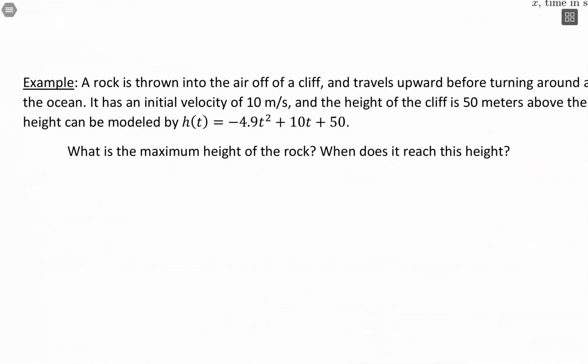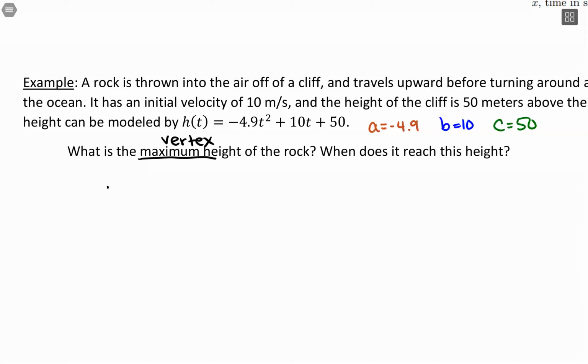Alright, with the throwing the rock off the cliff, so what is the maximum height of the rock and when does it reach this height? So if they're asking about the maximum, I need to find the vertex, since I don't already have the vertex given to me. So we have a is negative 4.9, b is positive 10, and c is 50.